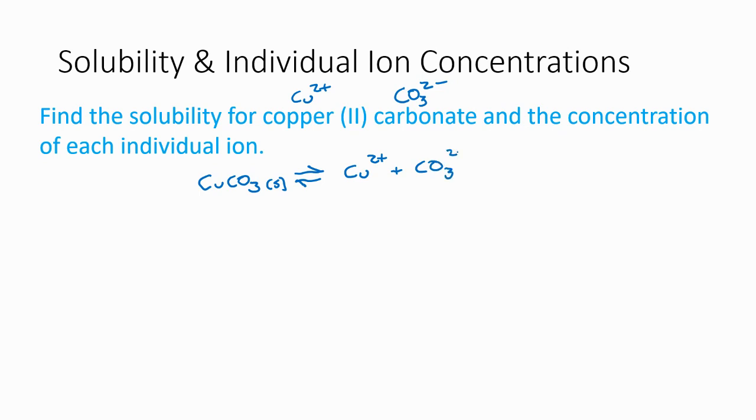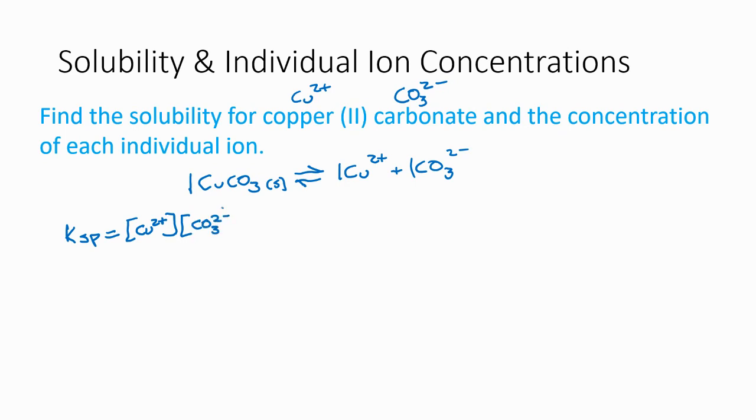One of the big things that I want to focus on here is our ratios. So here I've got a 1, here I have a 1, here I have a 1. Everything's in a 1-to-1 ratio in this particular equation, and that's a big deal. Let's see why. So if I asked you what's the equilibrium expression for this, you would say KSP equals the Cu2+ concentration times the CO3 2- concentration.